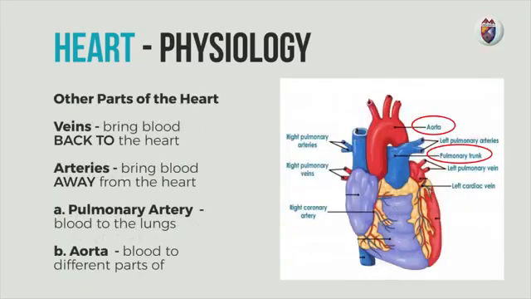Other important parts of the heart include the veins and arteries. These networks of blood vessels function well in putting blood in and out of the heart. The veins are responsible for putting blood back to the heart.